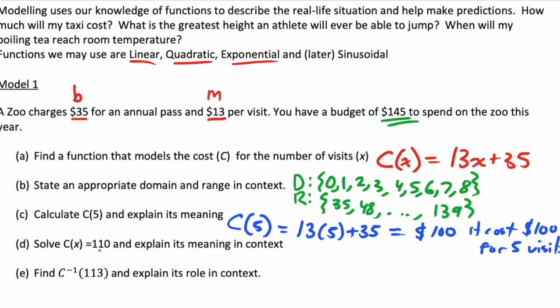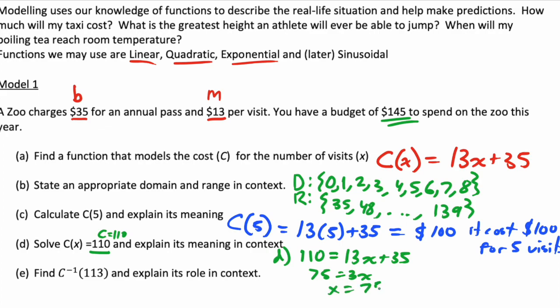Next, c of x equals 110. This is not x equals 110, this is c equals 110. So we can plug that in here: 110 equals 13x plus 35, and solve for x. So we get 75 equals 13x.